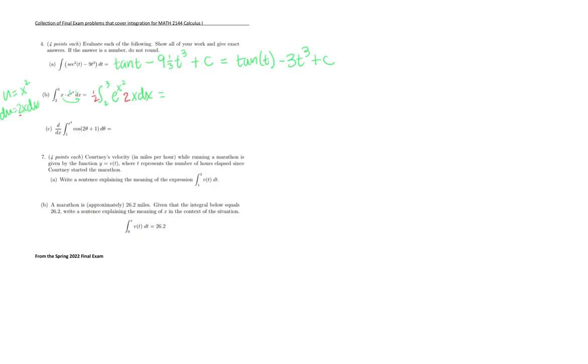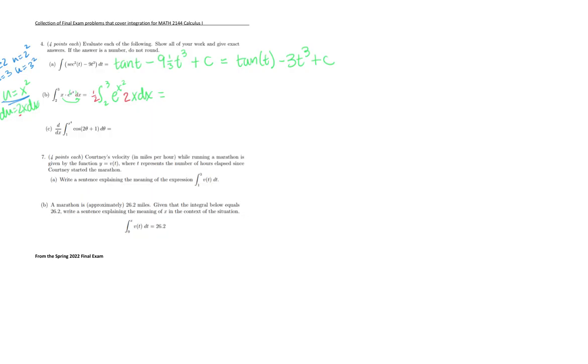So now I'm ready to change everything over to be in terms of u, except I do need to deal with the bounds. So I know these bounds are x values. When I convert them to u values, I want to use this relationship between x and u. So when x is equal to 2, u is equal to 2 squared, so that's 4. And when x is equal to 3, I know u is equal to 3 squared.